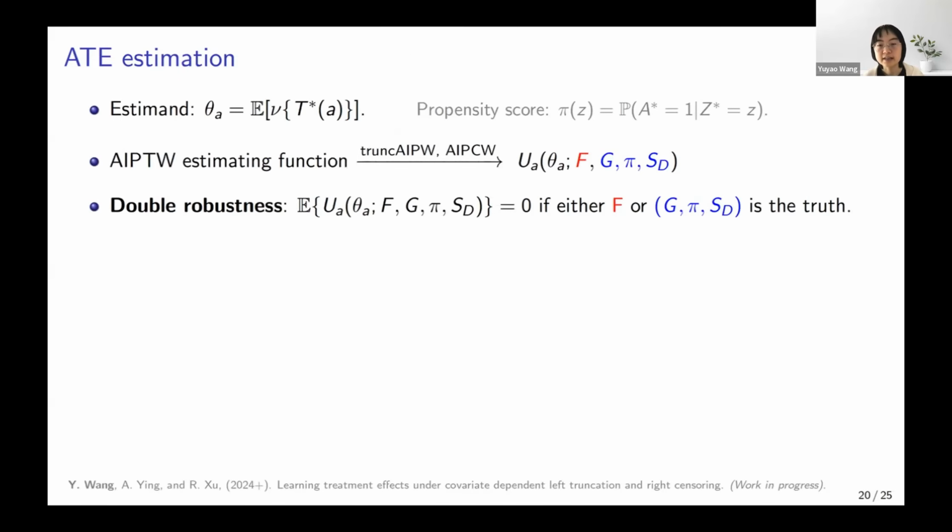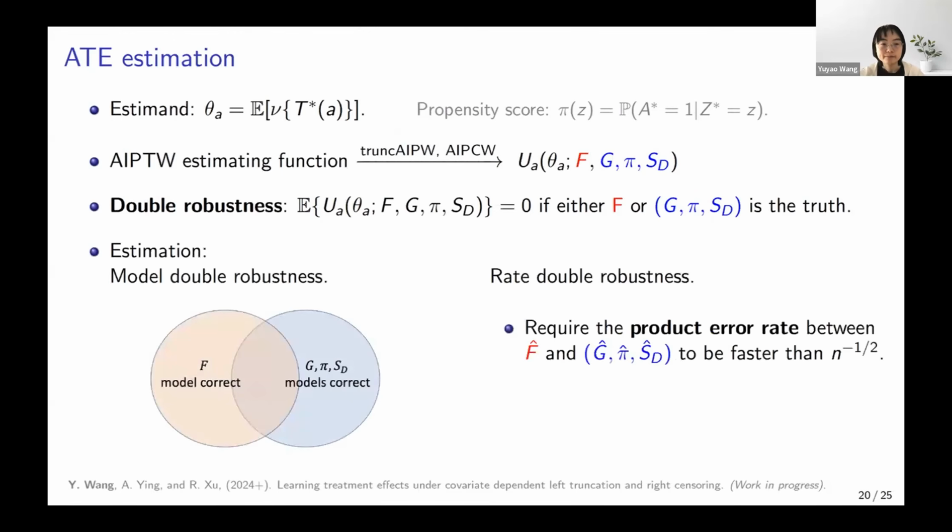This way we get an estimating function in the observed data, which can be shown to enjoy double robustness, in the sense that it has mean zero if either F, the event time distribution, or the nuisance parameters associated with the three missingness mechanisms is the truth, but not necessarily both. With that, we were able to develop model doubly robust and rate doubly robust estimators.